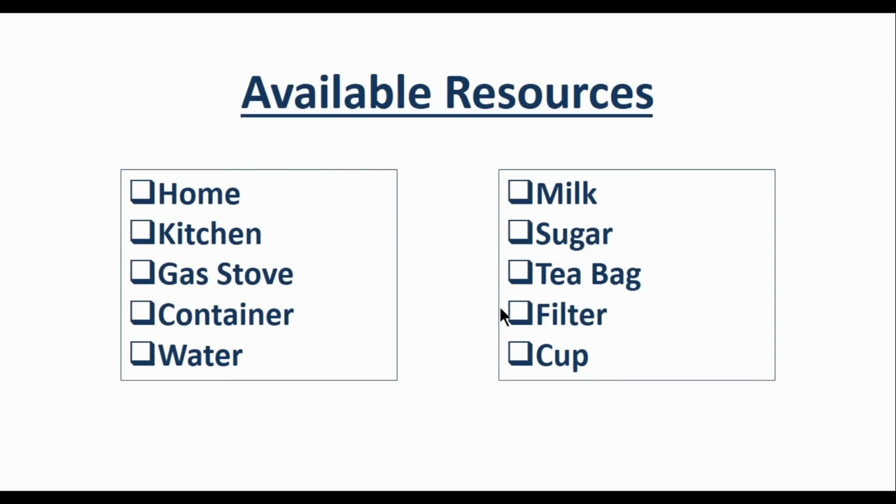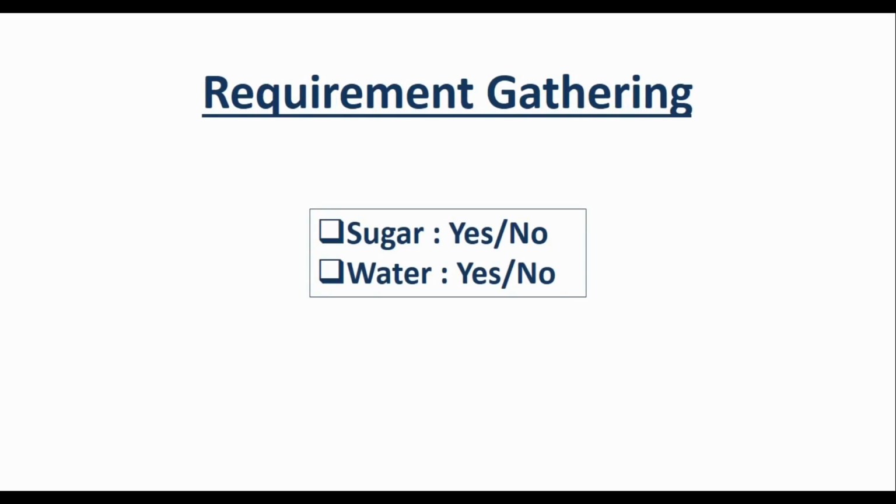Now as we are done with all the available resources and we have used all the resources in our interface and class also, we will go with the requirement gathering. So now we are going to implement these conditions: if the user wants to have sugar or not, and if the user wants to have water in his tea or not.